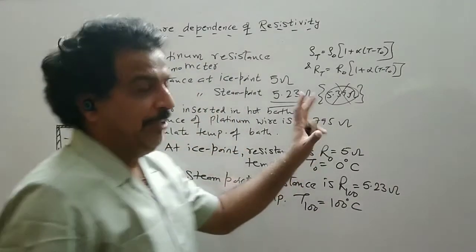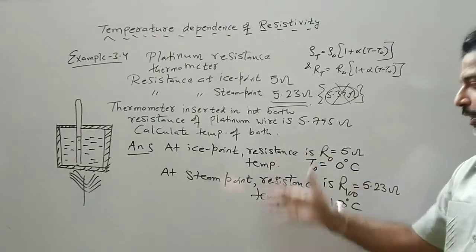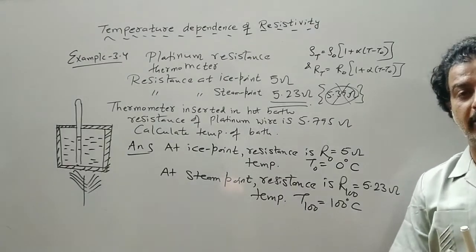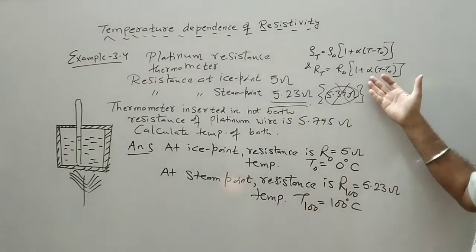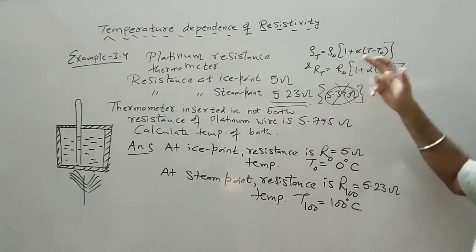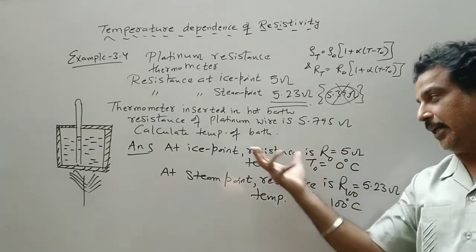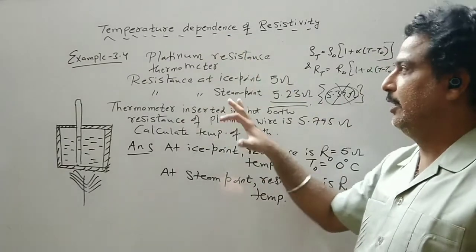So alpha value is not given. So the first step, using these two references given, I have to find out the alpha, and then after finding the alpha, I can use this formula where I can take a reference, either the ice point or the steam point.